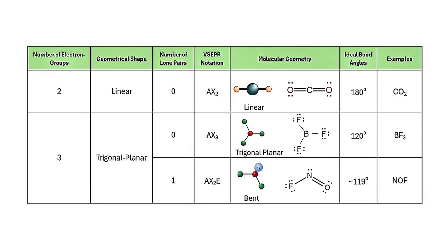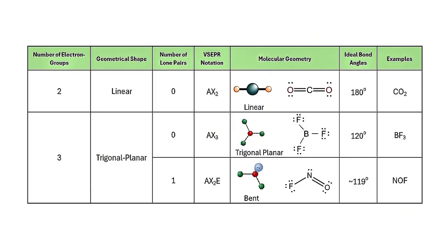Okay, you can see that later for other examples. Why is it bent for this? Look at the lone pair. The lone pair occupies the other end of that triangle. And remember, the other end does not have an atom. It's invisible. So if you take that away, it will be a bent shape.